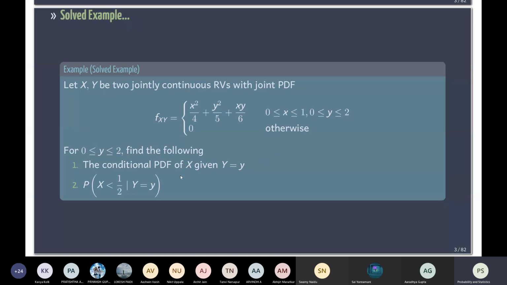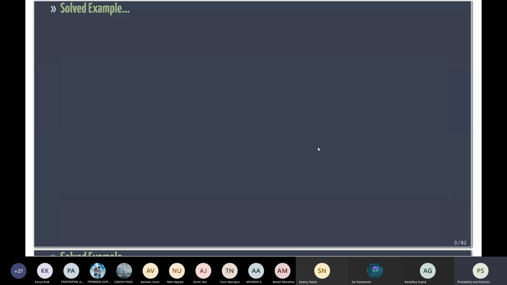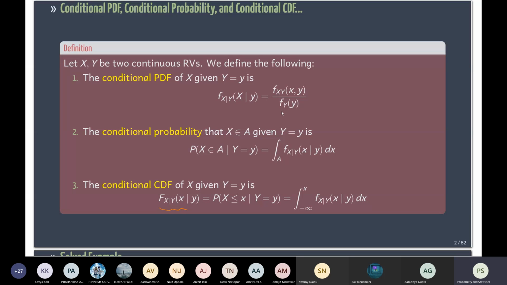For the conditional PDF of X given Y equal to y, what we are asking for is this. The definition for this, if we look back, is the joint divided by the marginal, right?